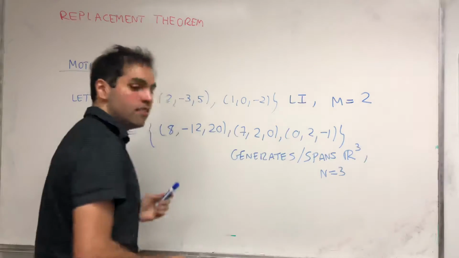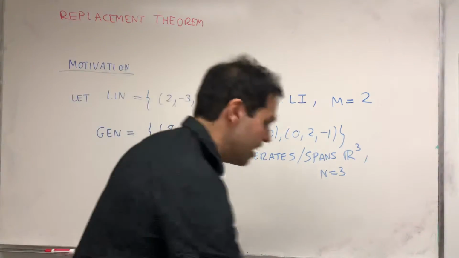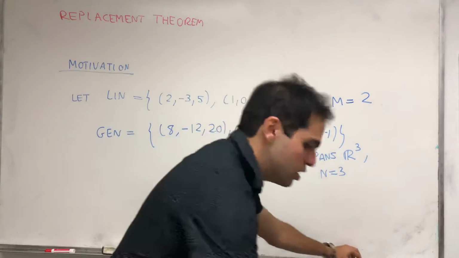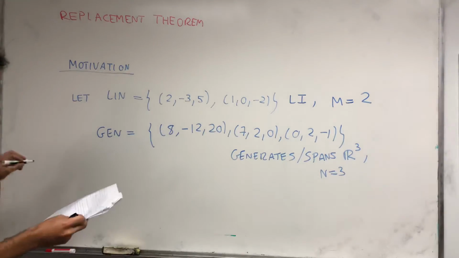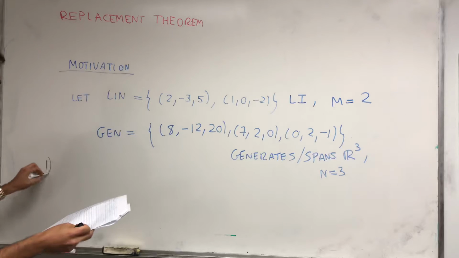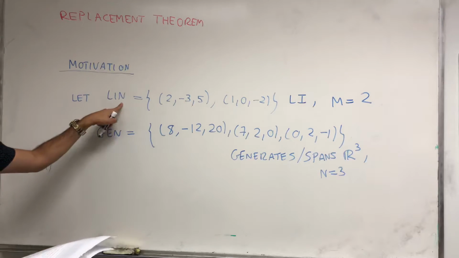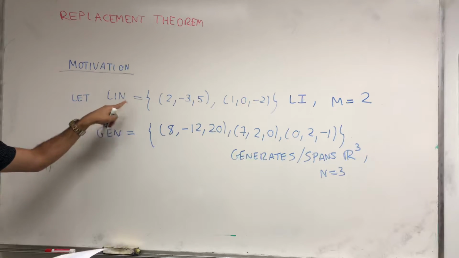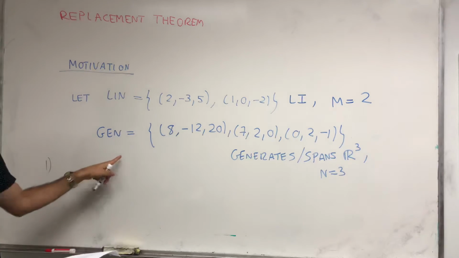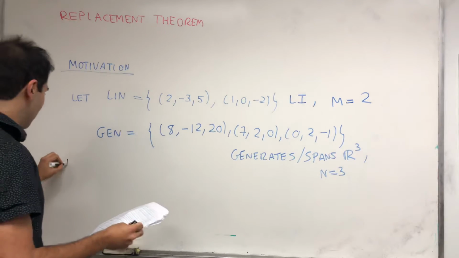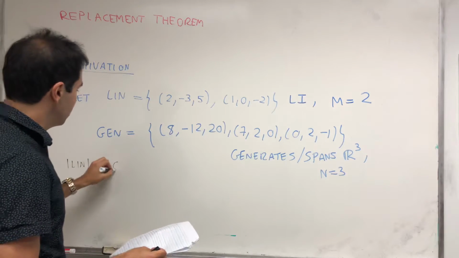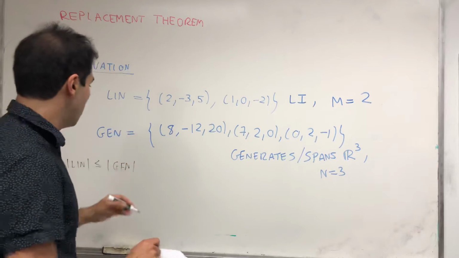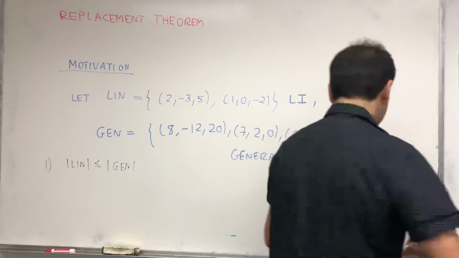Then, what does the replacement theorem say? It says the following 2 things that are very, very important. First of all, a linearly independent set can never be bigger than a generating set. So in this case, the number of elements in lin must be less than or equal to the number of elements in gen.